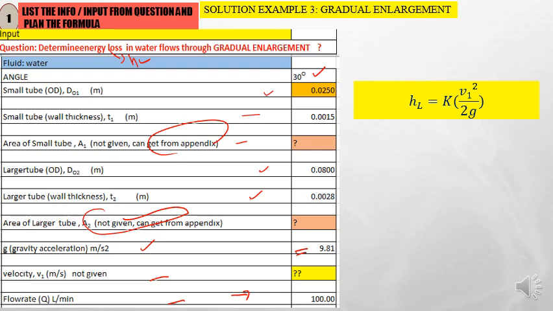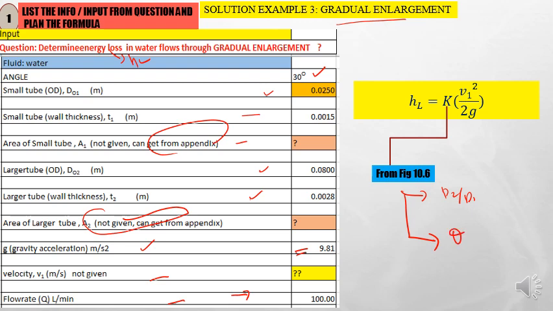The same formula, and you need to get the K. At this time, as it involves the gradual enlargement, Figure 10.6 is the figure we have to refer to get the K value. Remember that this K value depends on the ratio between the two sides of the pipe, and then it depends on the angle of the cone.